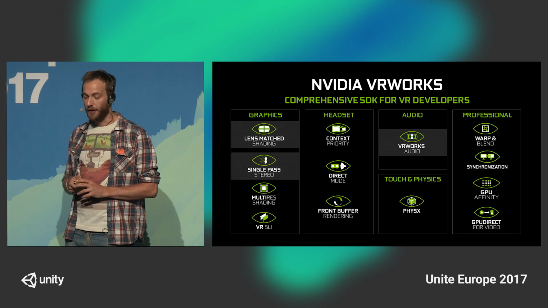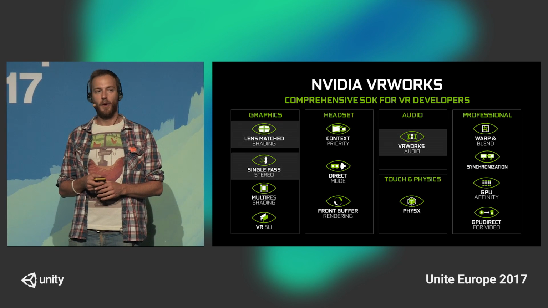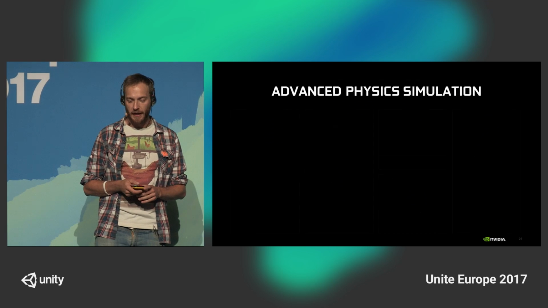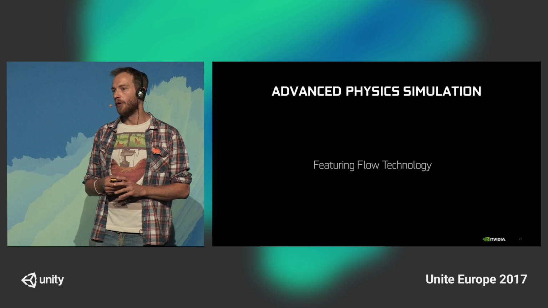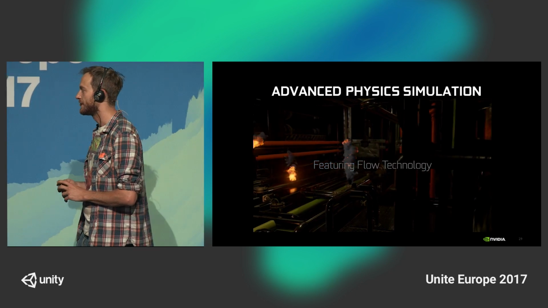URLs for later on. Just as a quick example of what physics can do for you in your virtual reality app, we recently announced advanced physics simulation through our Flex and Flow system.